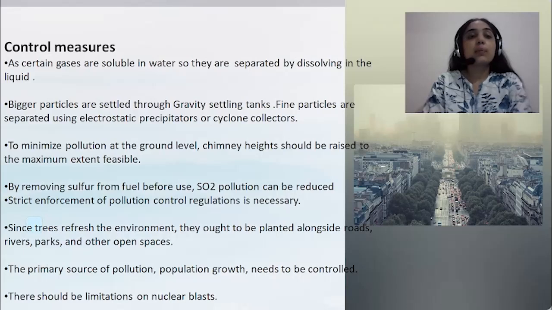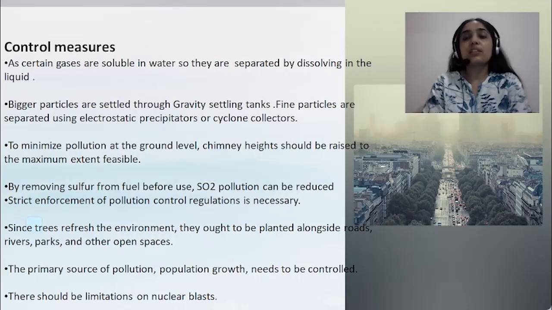Next, bigger particles are settled through gravity settling tanks. Fine particles are separated using electrostatic precipitators or cyclone collectors. As we all know, when particles are bigger in size, they can be easily settled on the land due to gravity.